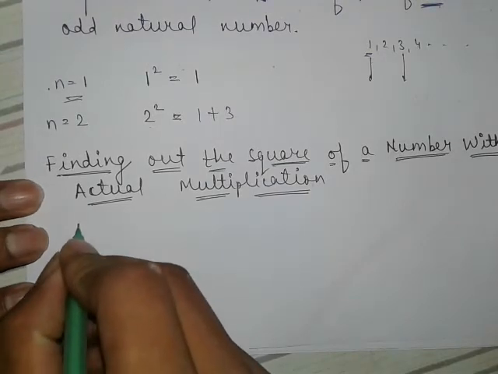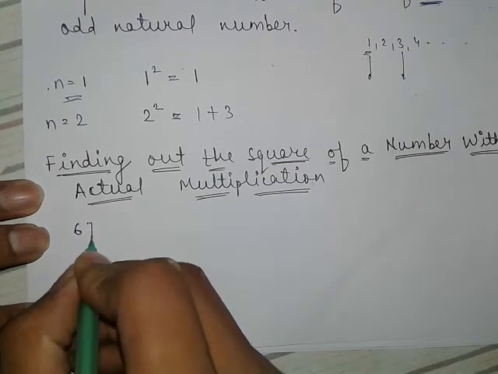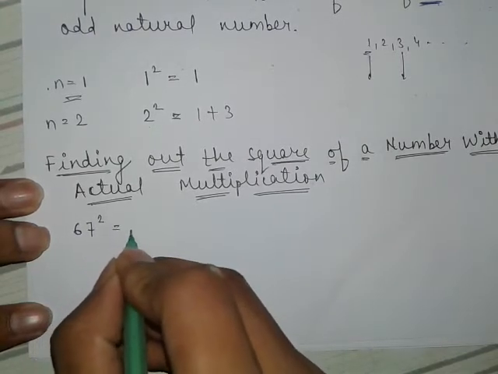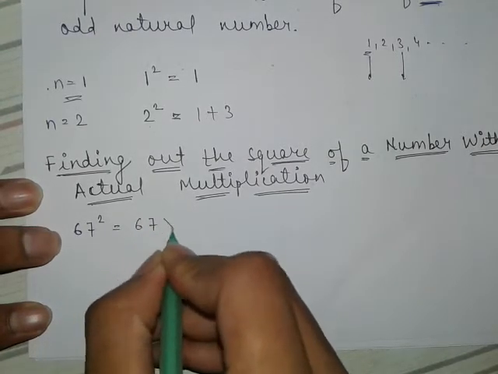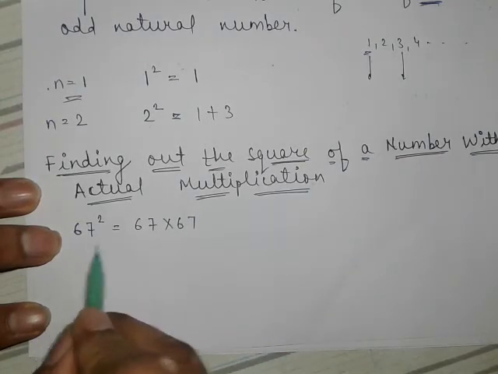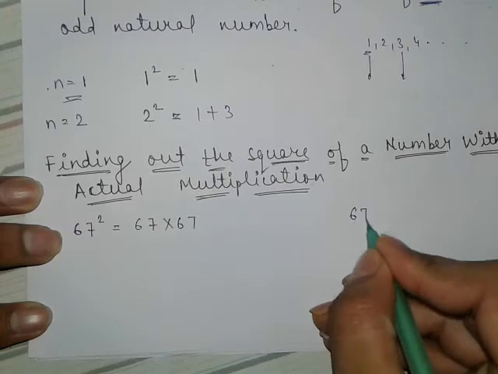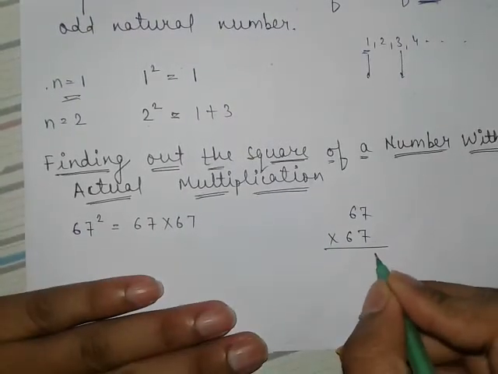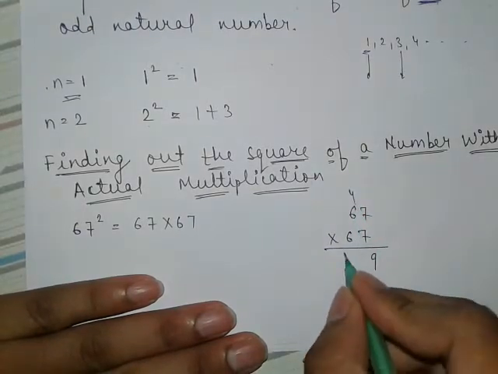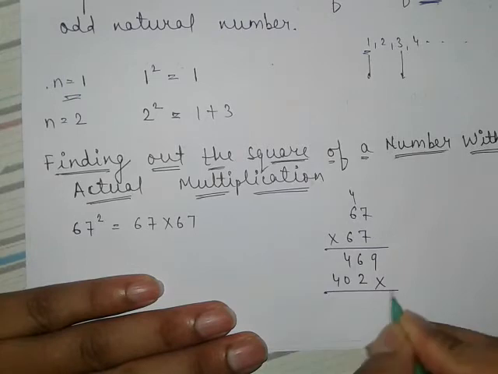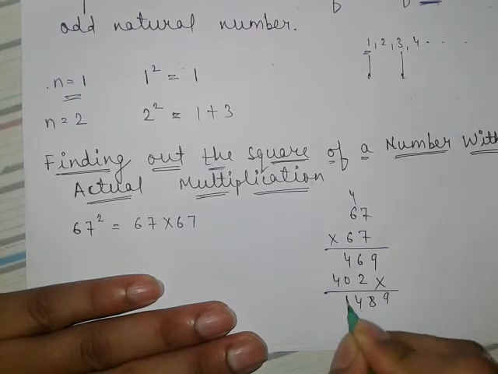Okay, so up till now, to find the square of a number, for example if you want to find the square of 67, you just multiply it with itself. You simply multiply it like this. Then 7 sevens are 49, 4 carry 4, 6 sevens are 42 and 4 is 46, then 2, then 40, then 9, 8, 4, 4, 8, 9.